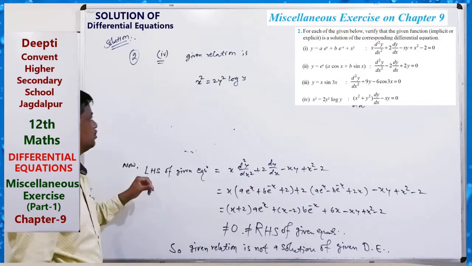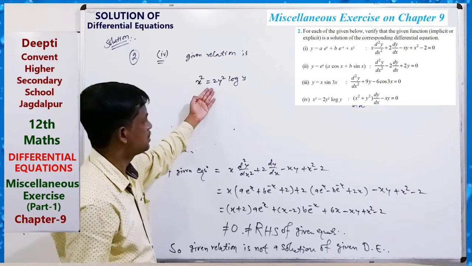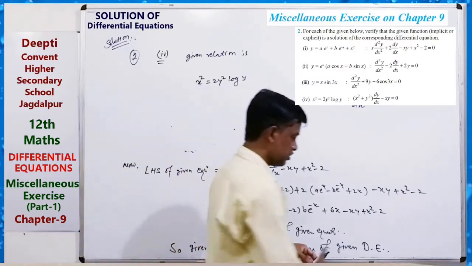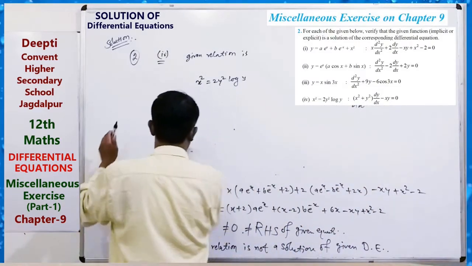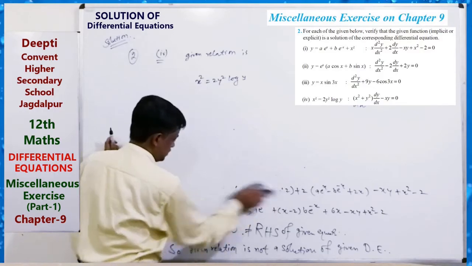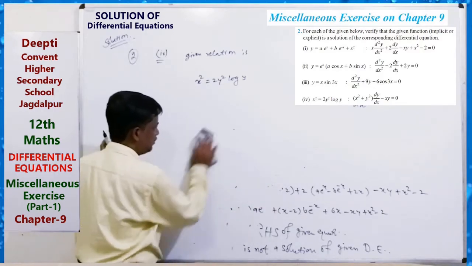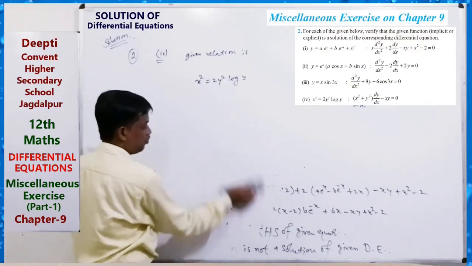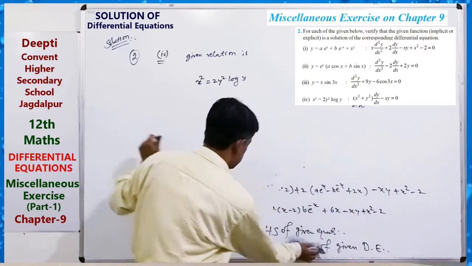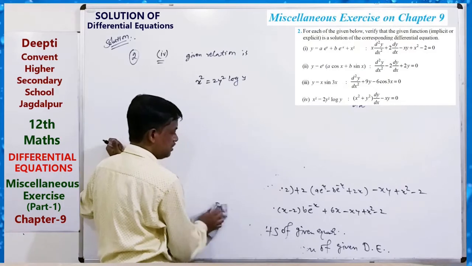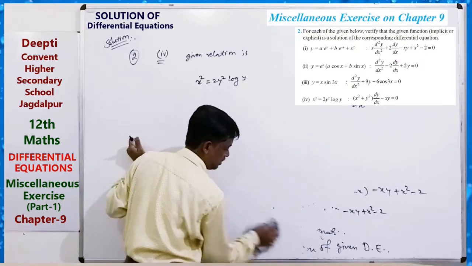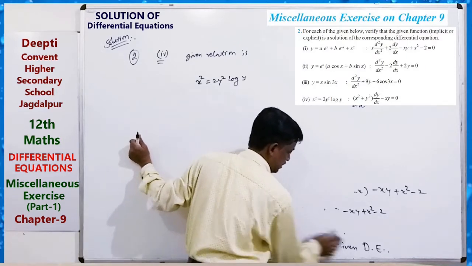Okay. So from this relation we can find dy by dx. Differentiate one time. Our method is to find the derivative value of dy by dx, put it on the left hand side and try to get the right hand side.